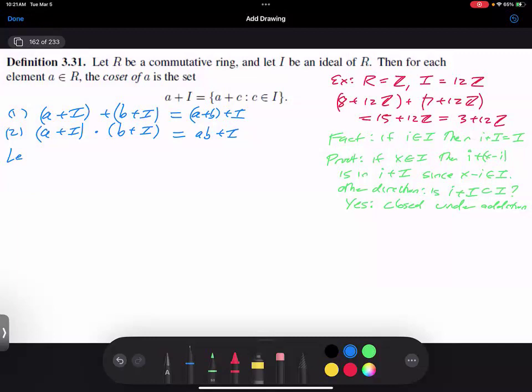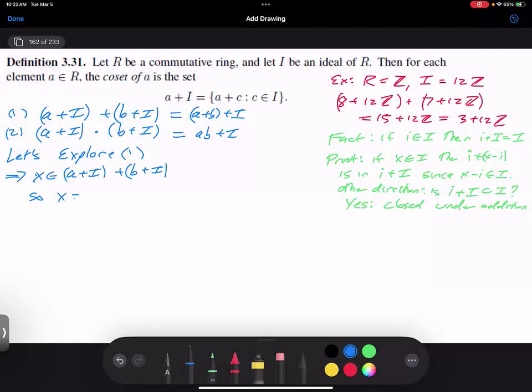So let's explore one. We want to show that (a + I) + (b + I) is a + b + I and vice versa. So in this direction, let's take some element x in (a + I) + (b + I).